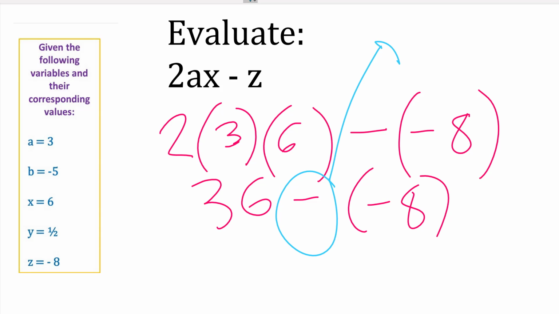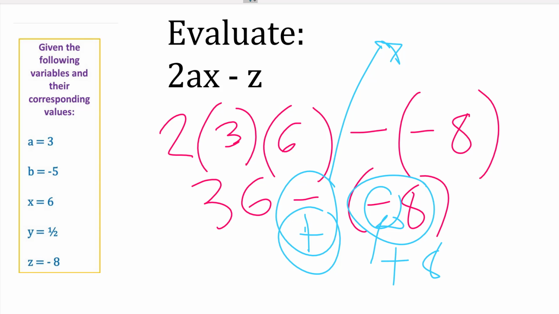The rule for subtraction is you change the subtraction into an addition, and then you change the sign of the number following the operation. The number following the operation is negative 8, so you change that to positive 8.